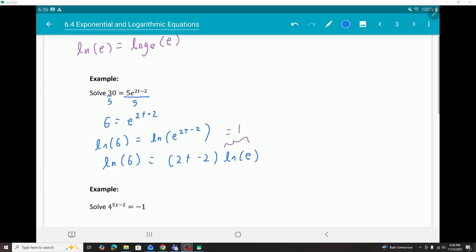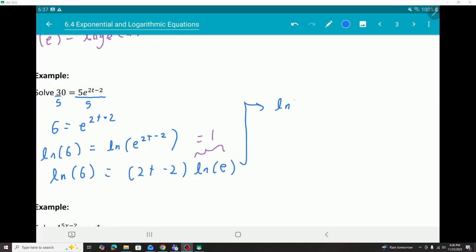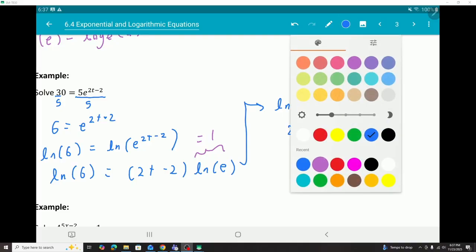So what I can do then is I can say the natural log of 6 equals 2t minus 2. Add 2 to both sides, get 2t equals natural log of 6 plus 2.